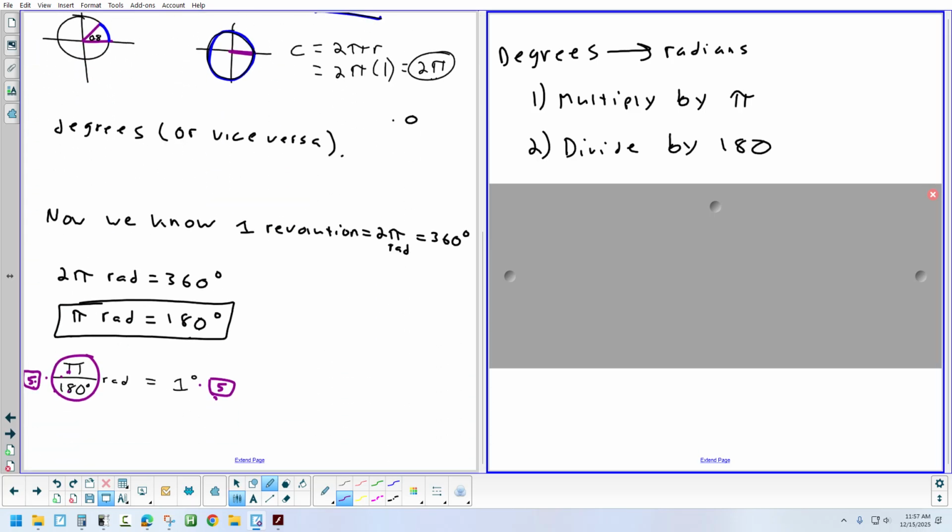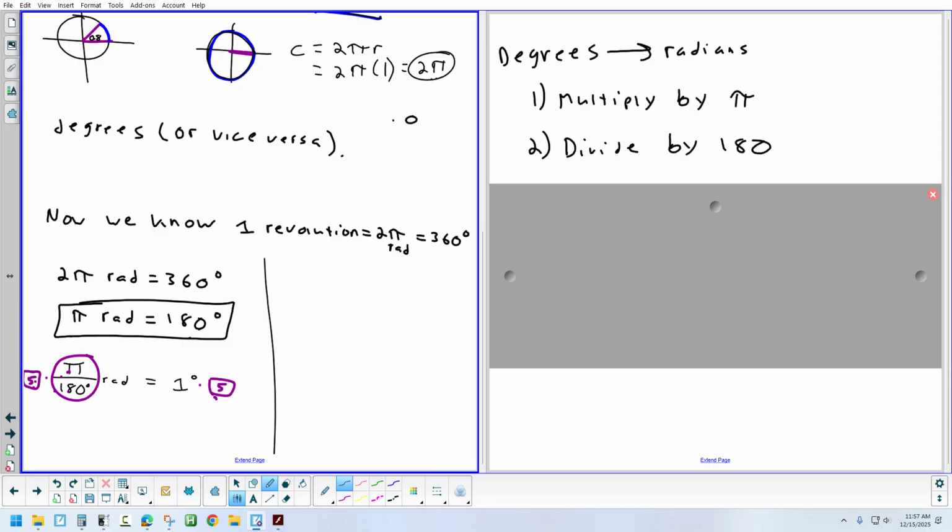And the other way we can go is radians to degrees. Well, for that, let's get a 1 on the left side. How would we get a 1 on the left side of this equation? Luke, can you help us out?